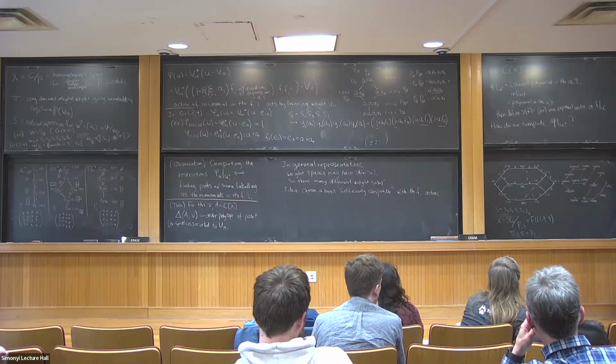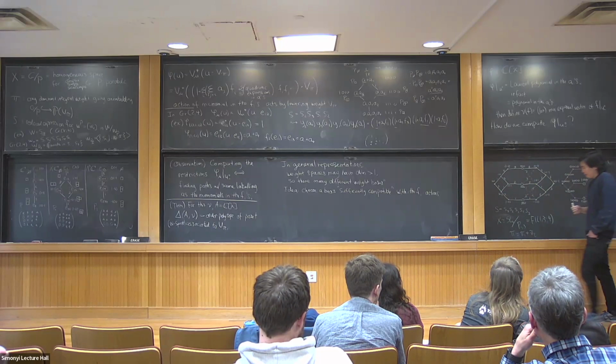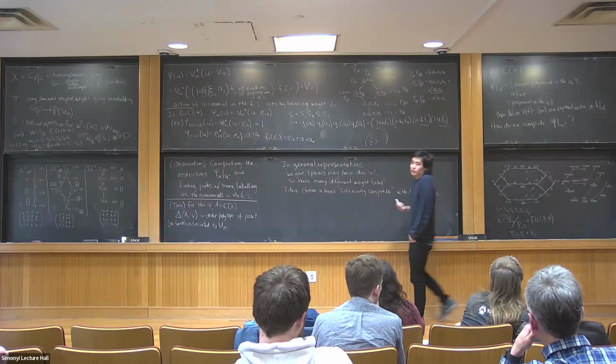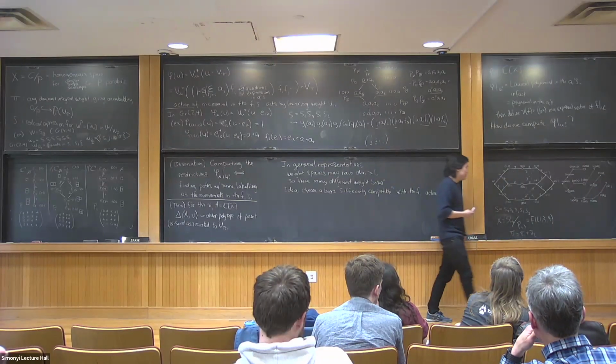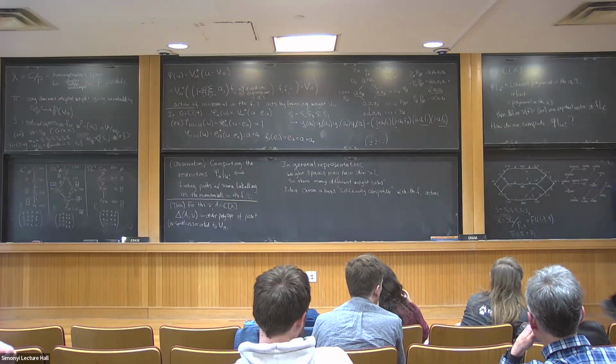So you play the same game where for each of these weight vectors, you compute the projection restricted to the torus. And that gives you each one of these exponent vectors when you take the lex-min term.